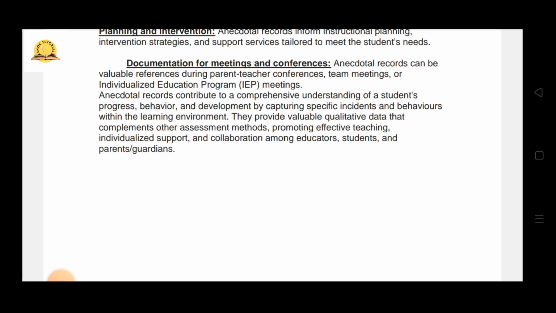So making anecdotal records will not only help the students, it will help the teachers, the parents, and all the educators and people connected directly or indirectly with the learner, because we can all collaborate with one another to give this particular child a bright and better future. So we as teachers and as parents should be responsible enough. This is what I have to say to you.